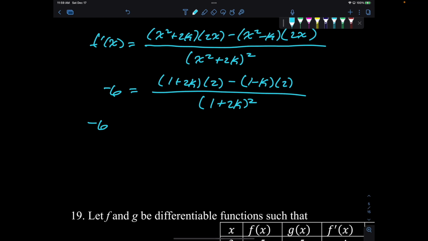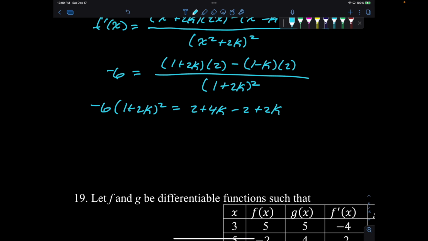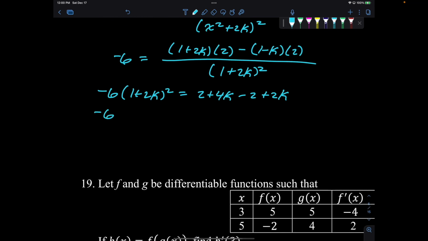So -6 times 1 plus 2k squared is 2 plus 4k minus 2 plus 2k. Okay, let's keep going. So we get -6. I'm running out of room. 1 plus 2k, squared. On this side, we just get 6k.